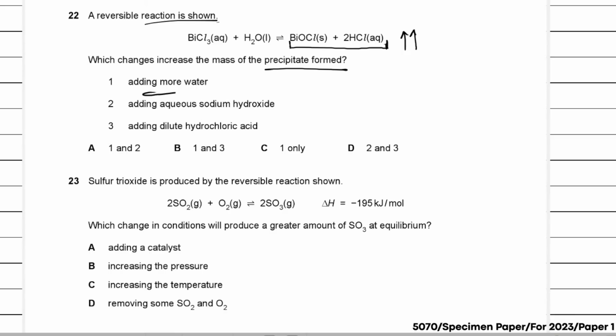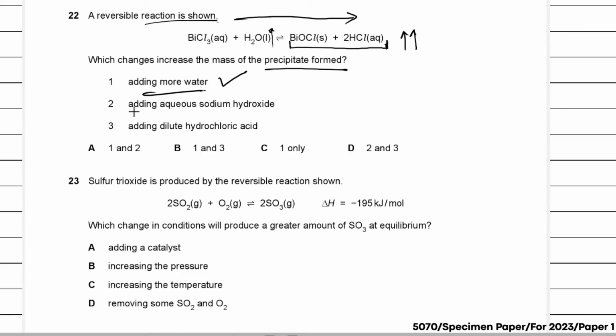We can see that if we add more water, the equilibrium will shift to the right because there is no water on the right-hand side or in the forward reaction. If we change something, the equilibrium will try to fix itself by moving to the side that has less water. So definitely it's going to move to the right for number 1.